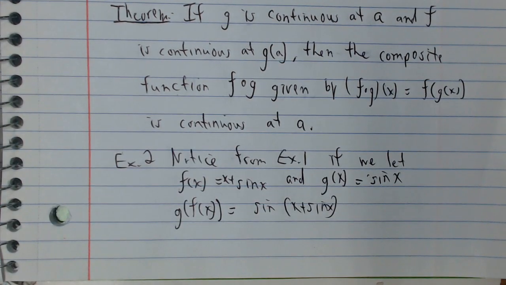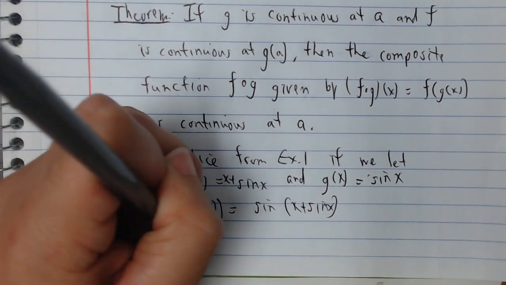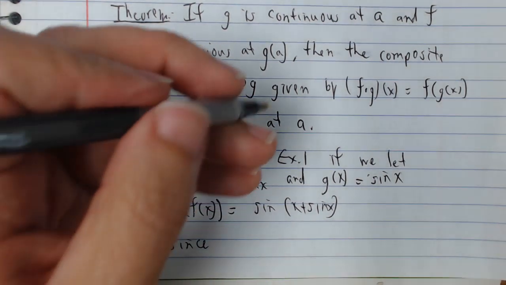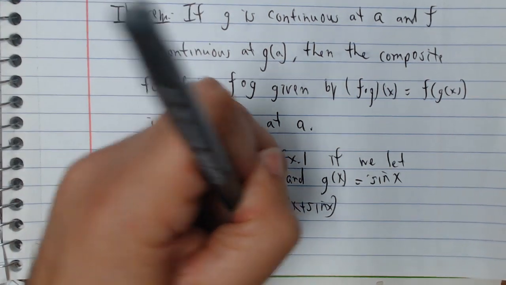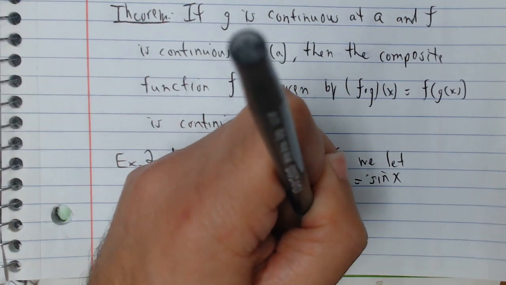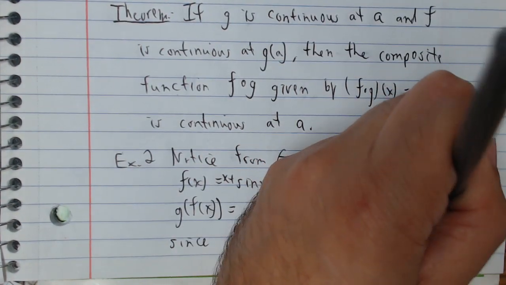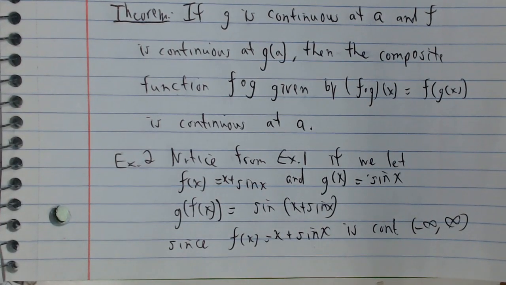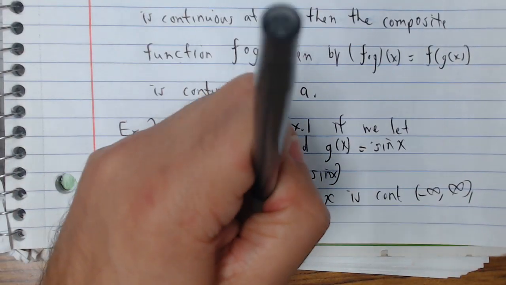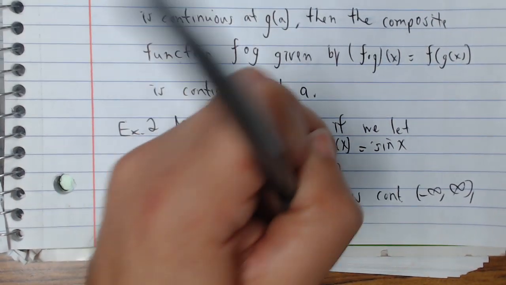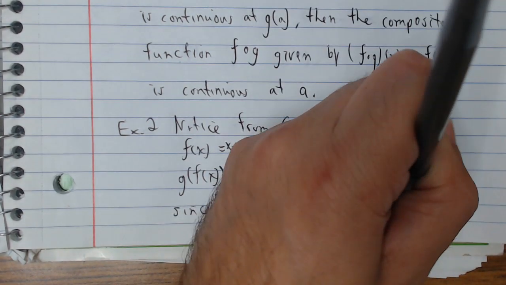Okay, so here's what we could say. Let's continue this. Since f of x equals x plus sine of x is continuous on all reals, we could also say that g of x equals sine x is continuous on all reals.